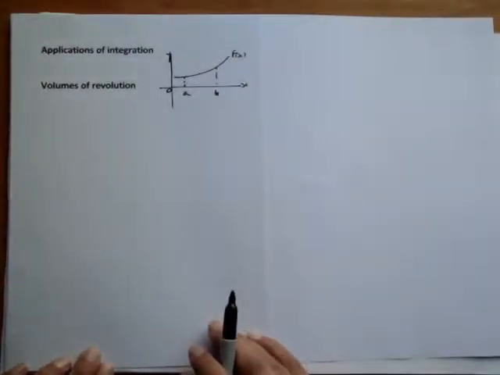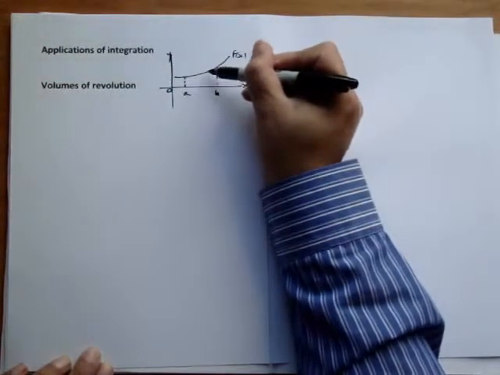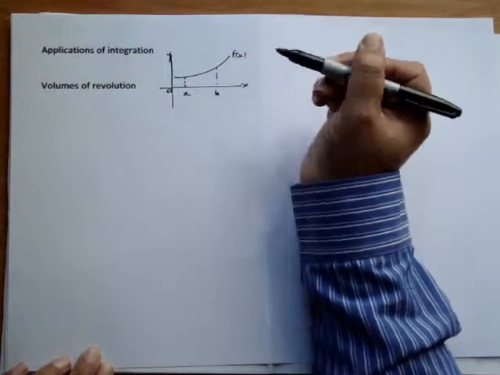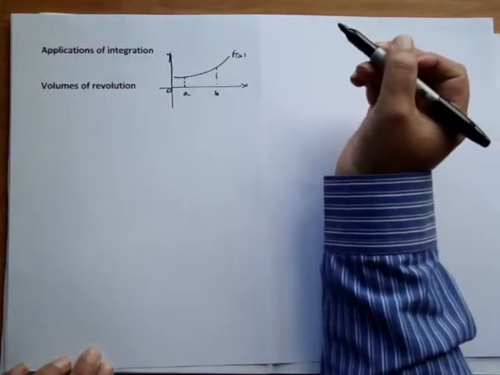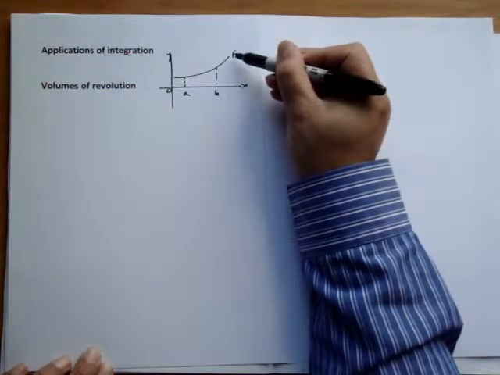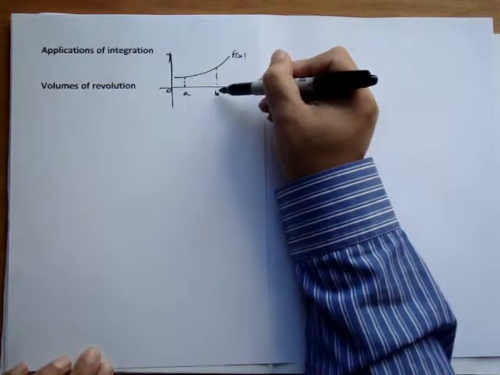So for volumes of revolution, this plane figure that we had with our definite integration is bounded by f of x, the x-axis, and the ordinates a and b.